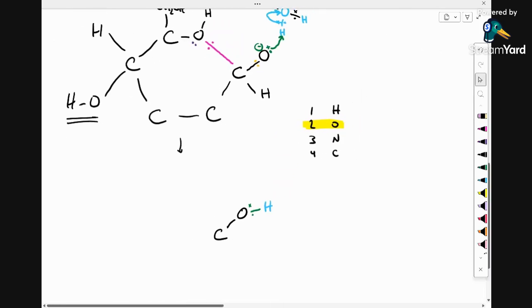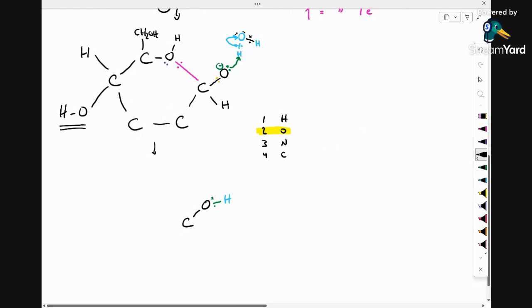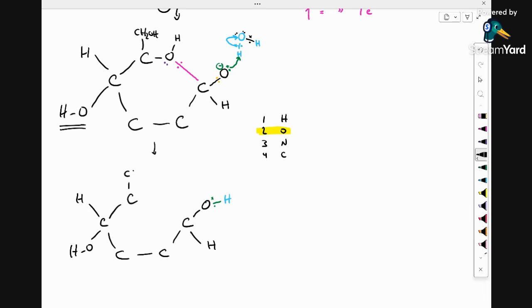We can now draw the rest of the molecule in. So we've got our hydrogen here, carbon, carbon, carbon, hydroxyl group, hydrogen, carbon, carbon 6 with its CH2OH. Our oxygen here that has already formed the covalent bond with the carbon.